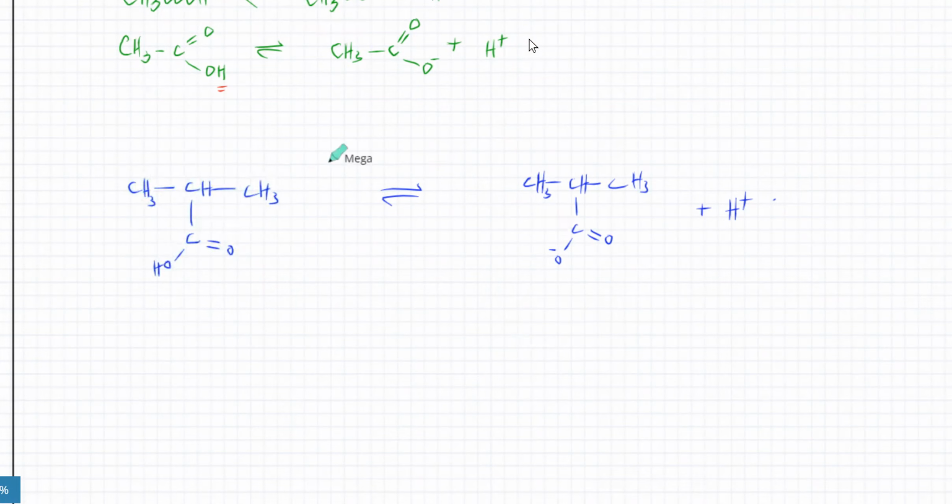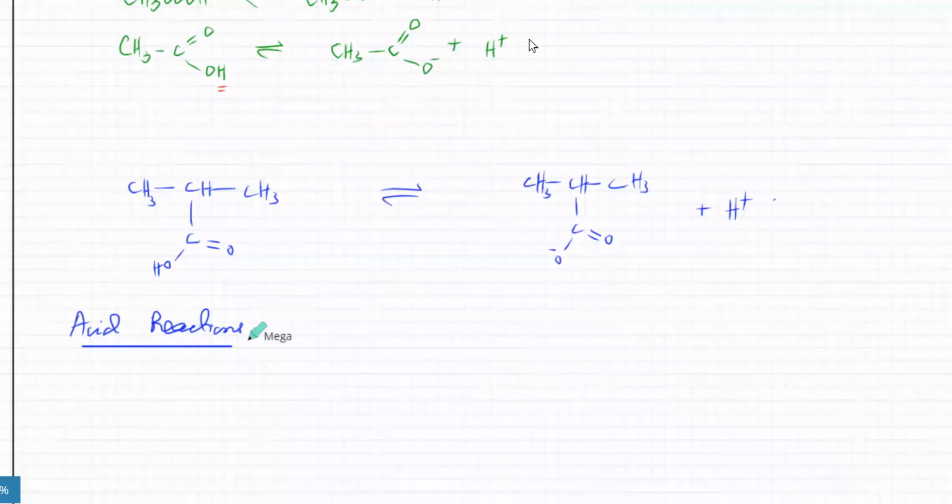Now, since it is an acid, it undergoes all sorts of reactions. So acids tend to undergo all sorts of reactions. We're going to do it one by one.